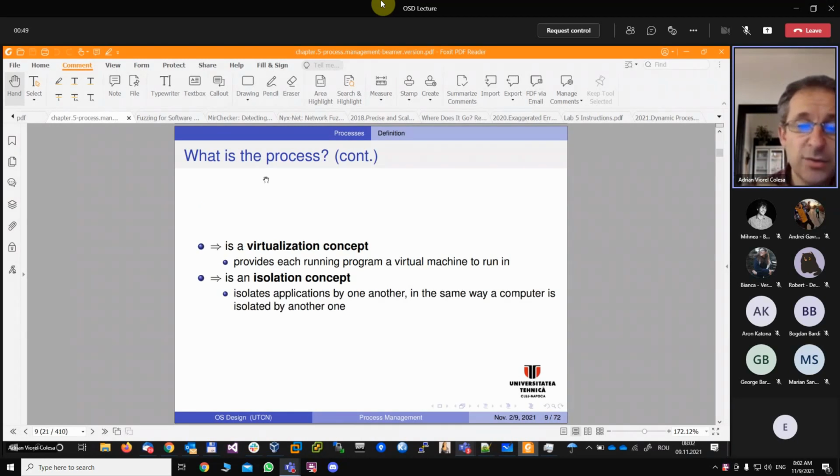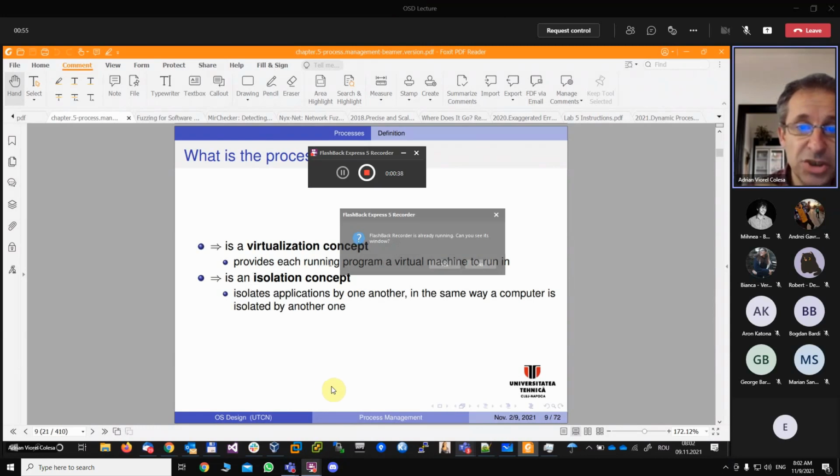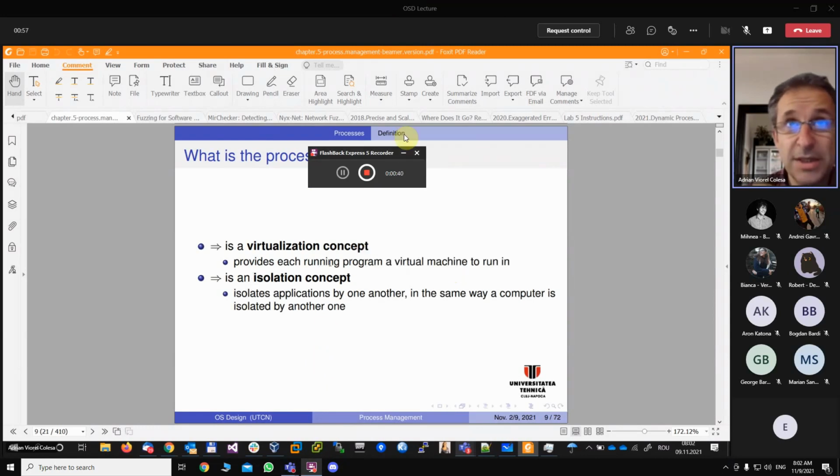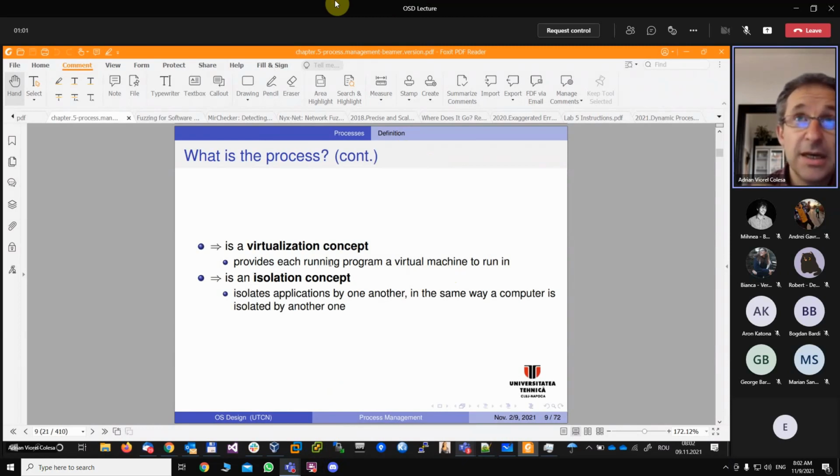Another aspect we have to keep in mind all the time in relation with processes is that they provide isolation, which means a process must be isolated from the other processes, which means that the resources allocated to a process must be different, disjoint from the resources allocated to another process.